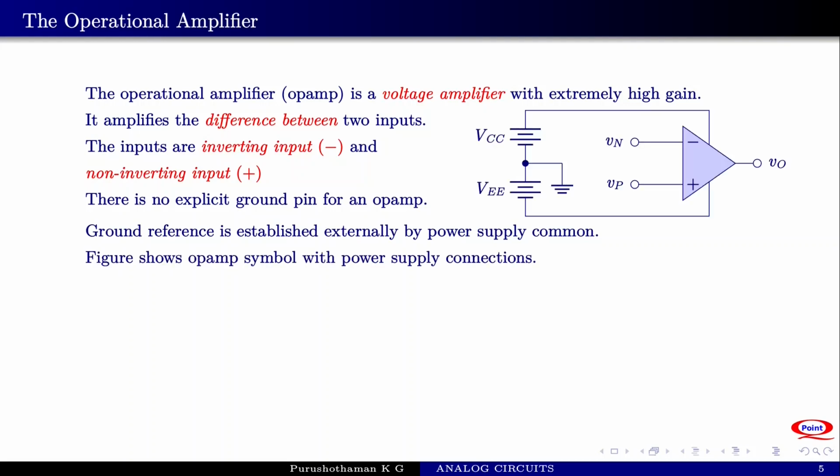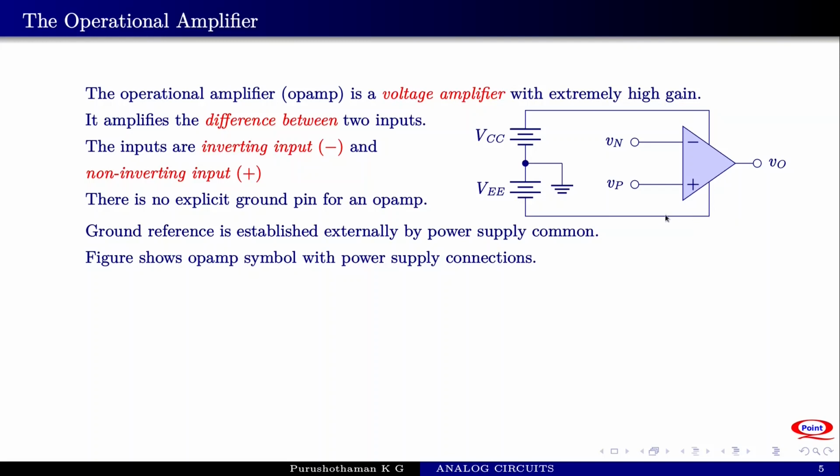This figure shows the symbol of an operational amplifier with the power supplies connected. The symbol resembles an arrow which indicates the direction of signal flow. And you have two power supplies, one positive supply connected to one lead and one negative supply connected to another lead.